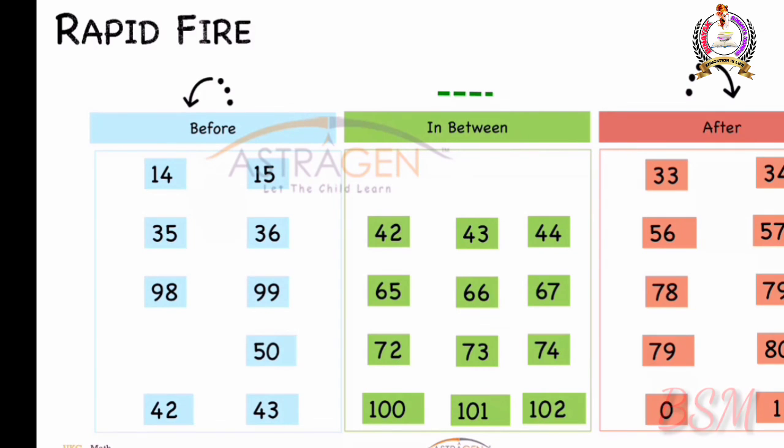What comes before 50, children? Close your eyes. Left hand. Move left. Move left. 49. What comes in between 14 and 16? 15. Right, children? So this is how you will visualize the number line and answer the before, after and in between. It's extremely simple.